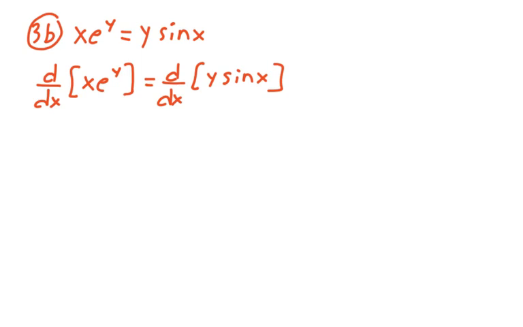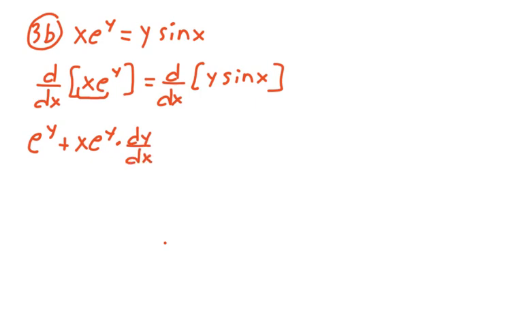Okay. From here, I apply the product rule. So I'm going to get the derivative of x, which is 1. So I get e to the y, the derivative of x times e to the y, plus x e to the y times dy dx.